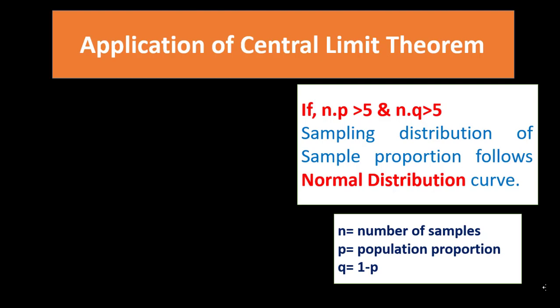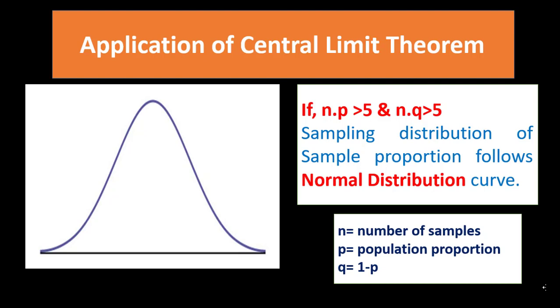So this states that for any distribution of population, irrespective of the shape and nature of the population distribution, if these two conditions are satisfied, that is n times p is greater than 5 and n times q is greater than 5, then our sampling distribution of sample proportion would approximate the normal distribution curve.